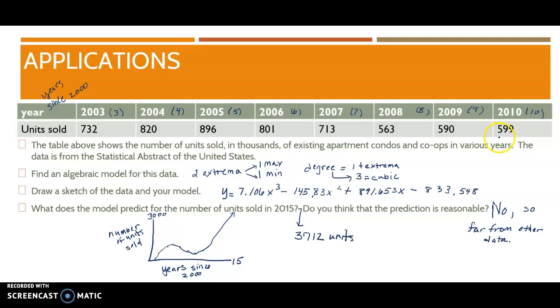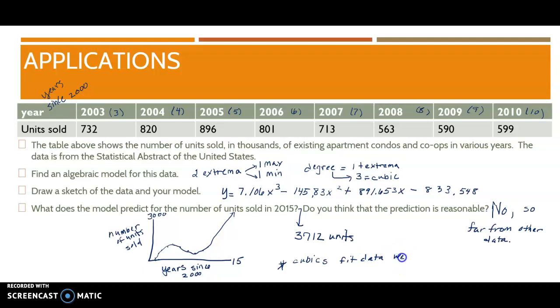And so to get from 600 up to 3,000, almost 4,000, would be a huge increase. And that is not at all consistent with the rest of the data. And so this brings us to what is one of the points from our notes, and that is that cubics fit data well.